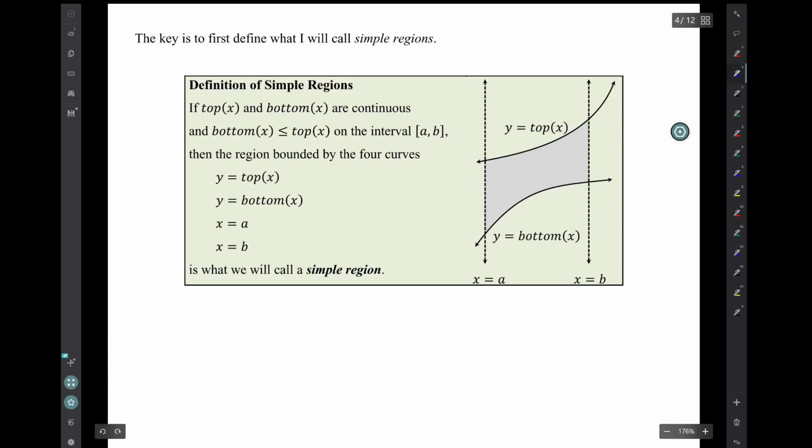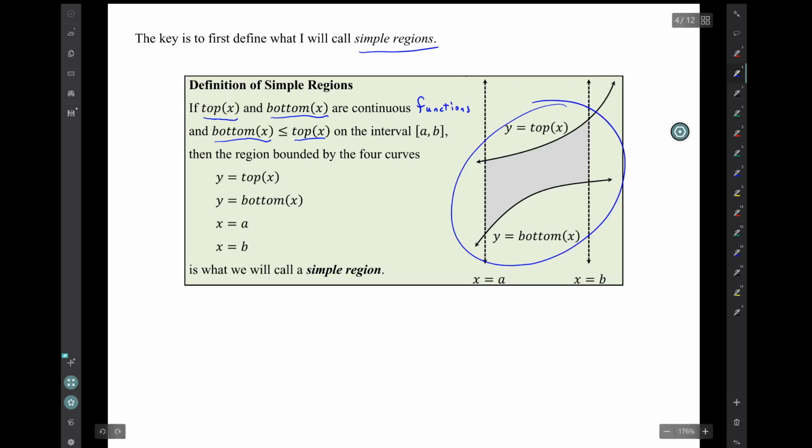Well, the key is to first define what I will call simple regions. Here's the definition. Suppose that top of x and bottom of x are continuous functions, and furthermore, suppose that the function called bottom has y values that are less than or equal to the y values on the function called top on some whole interval a, b. So it would be a picture like this.